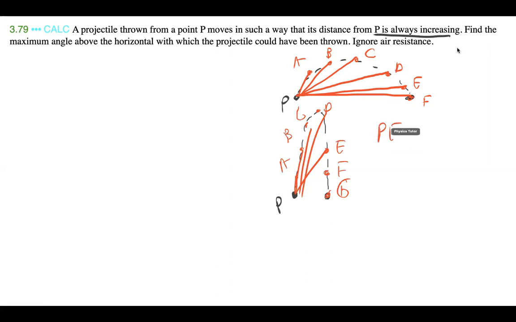So PE is smaller than PD, and that's not what we want. So we know that we're looking for this scenario.